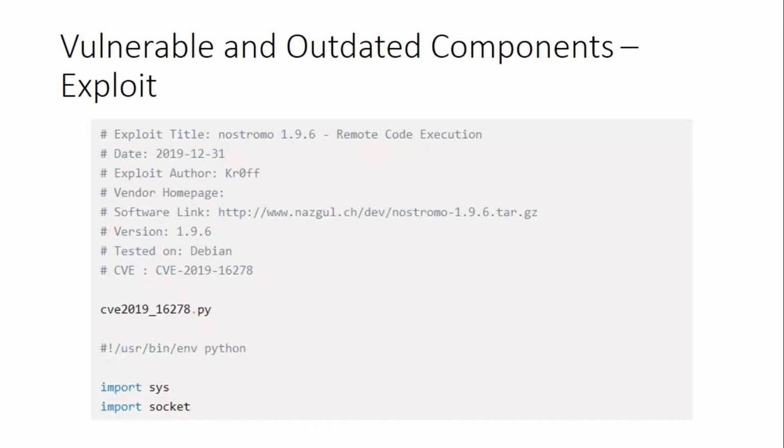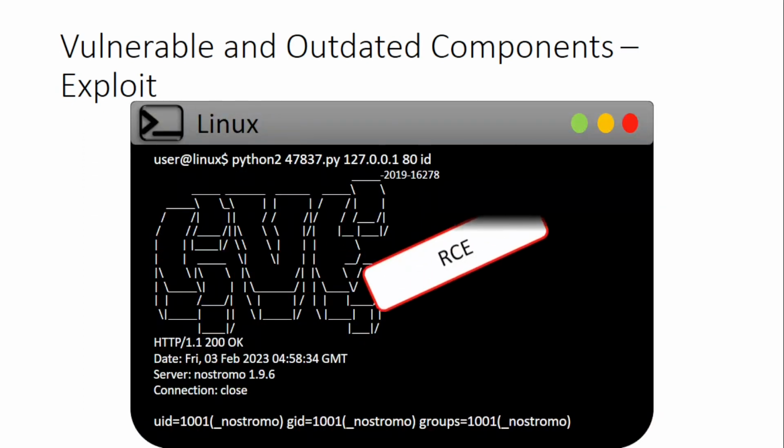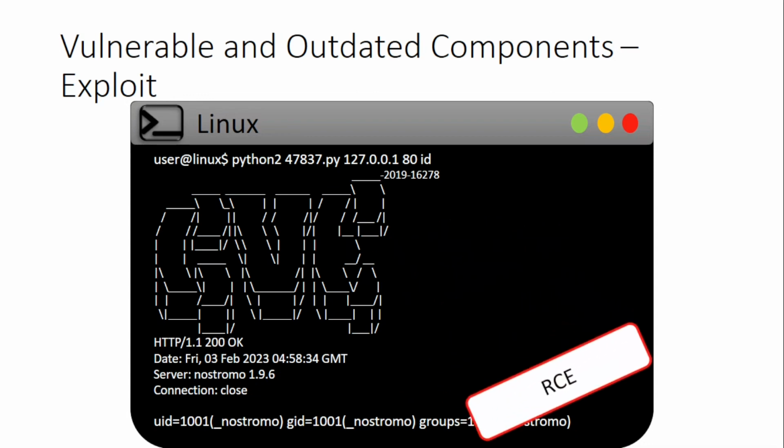So when we open the code, we end up with this, and we see here that this doesn't exist. So what we can do is we just need to put this into a comment. So we just need to comment this line. Once this is commented, we can execute the exploit and we get an RCE.